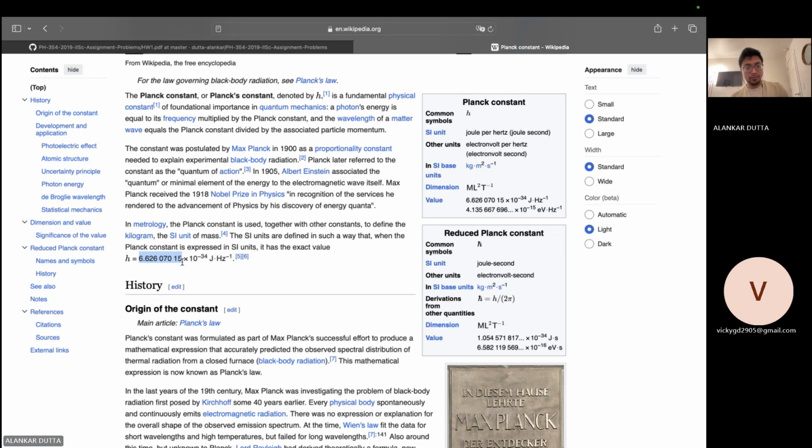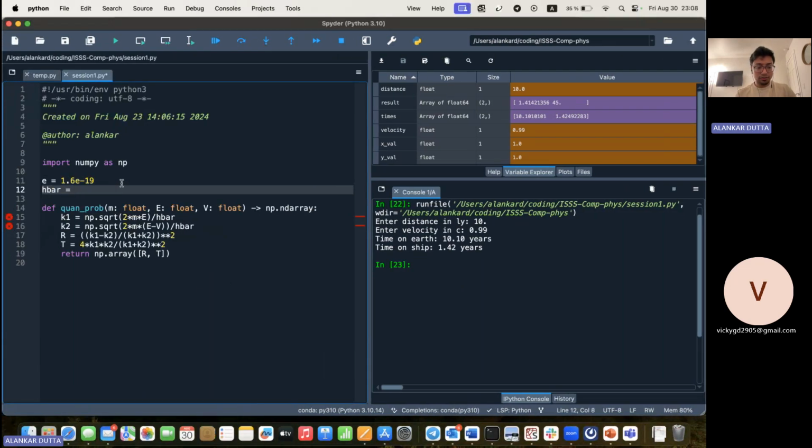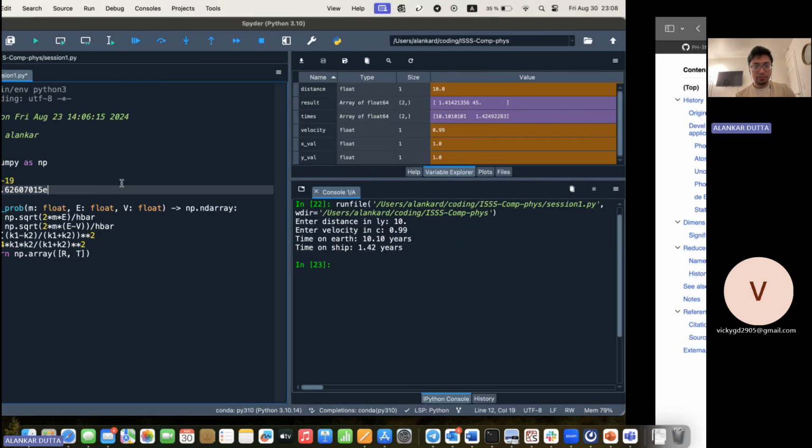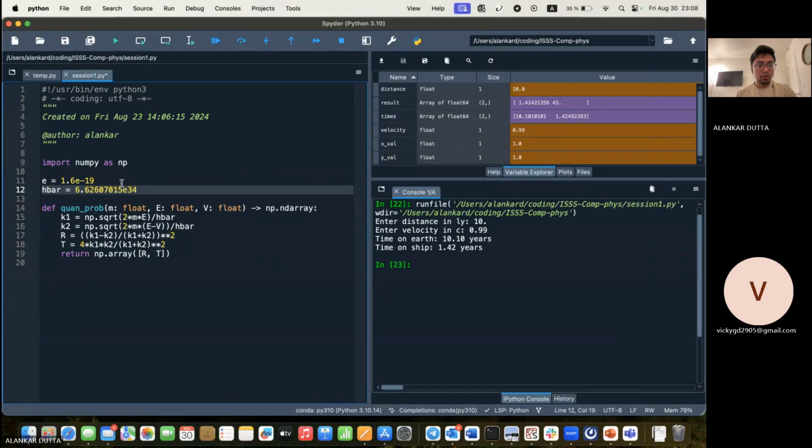So let's go back and write h bar equals, I think it's E minus 34, yeah, minus 34, divided by 2 pi.